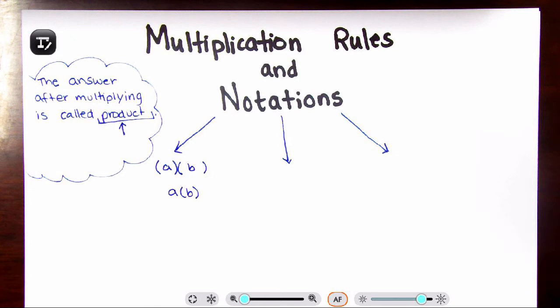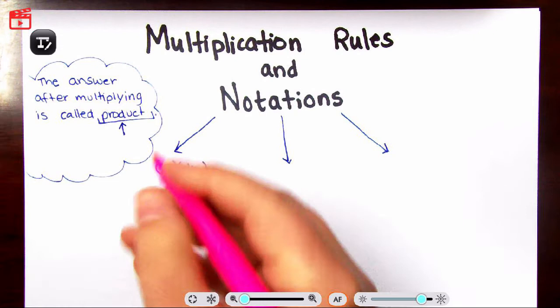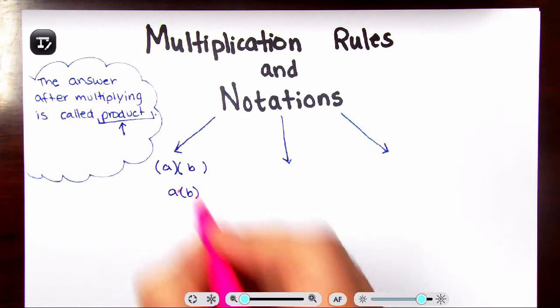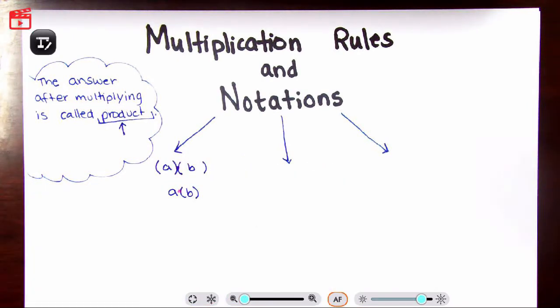Mathematicians, if you're in my class, you already know this, we are lazy. So what this tells me is that secretly there is a little dot right there, and also a little dot in between those parentheses, and that tells me we want to multiply.